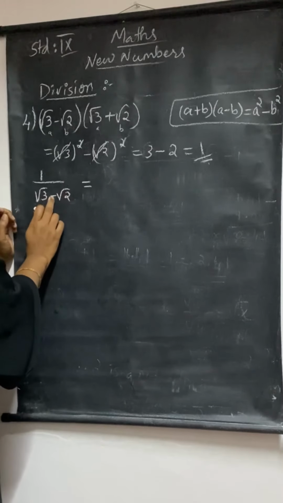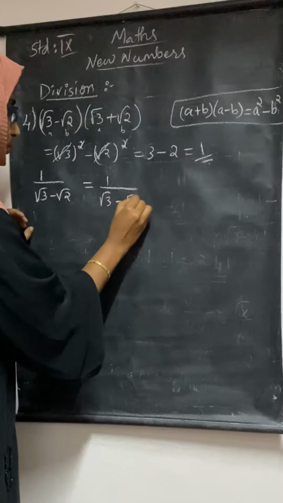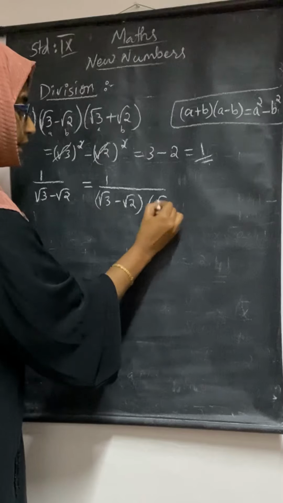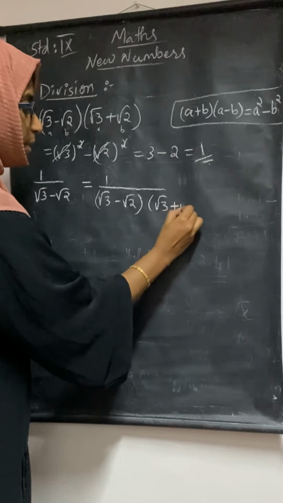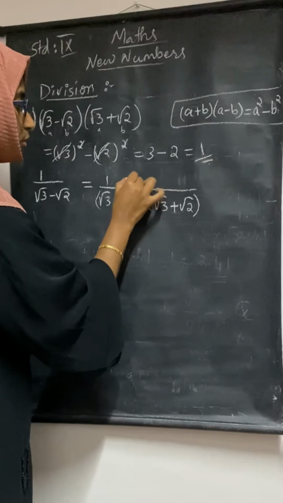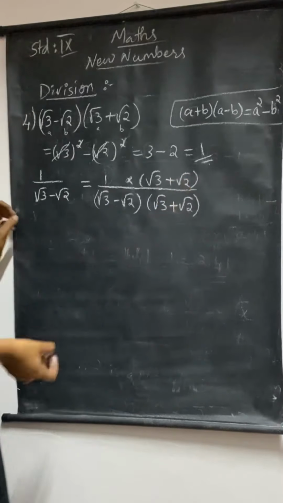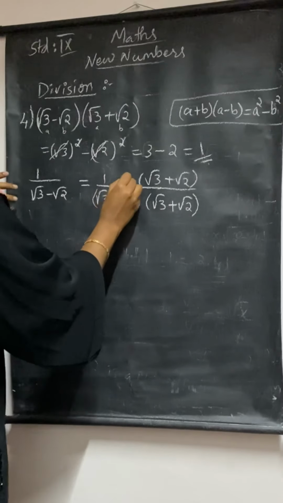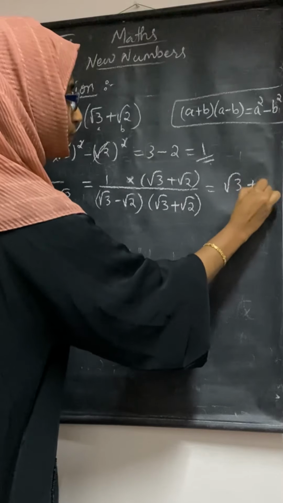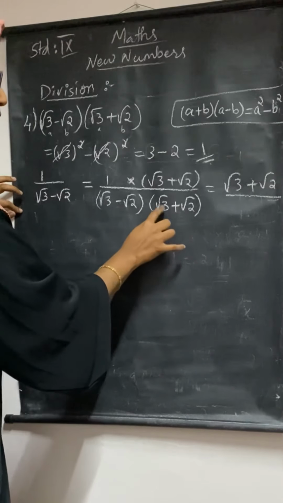And if it is a sign like this, you have to put the opposite sign. 1 by root 3 minus root 2 into root 3, minus means here it will be plus, root 3 plus root 2. Same number have to multiply here also, root 3 plus root 2. Like this. So now 1 into root 3 plus root 2 is how much? Root 3 plus root 2, divided by root 3 minus root 2 into root 3 plus root 2.